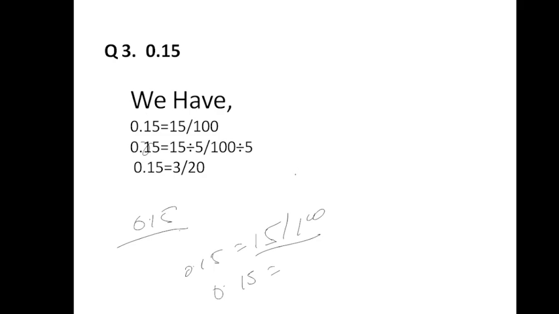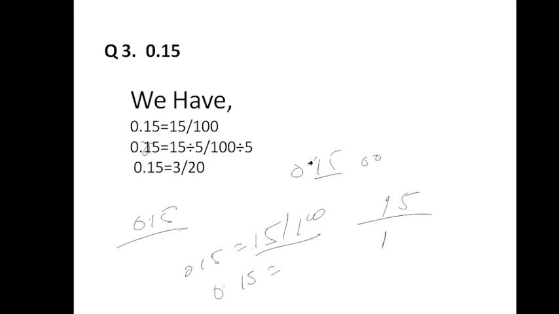Here, in 0.15, after the decimal, how many digits? 2 digits. So that means when we remove the decimal, we put 1 in the denominator and put zeros according to how many digits are after the decimal.